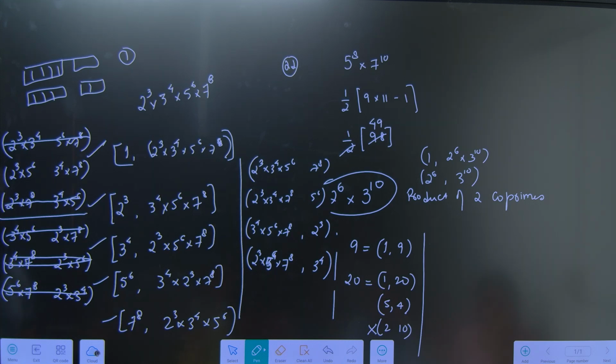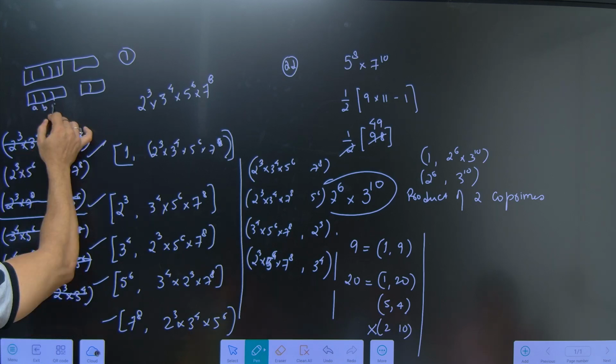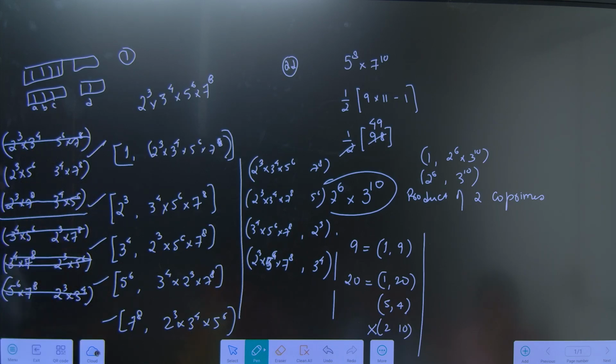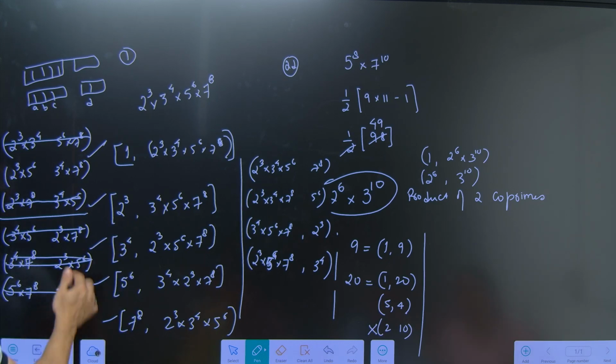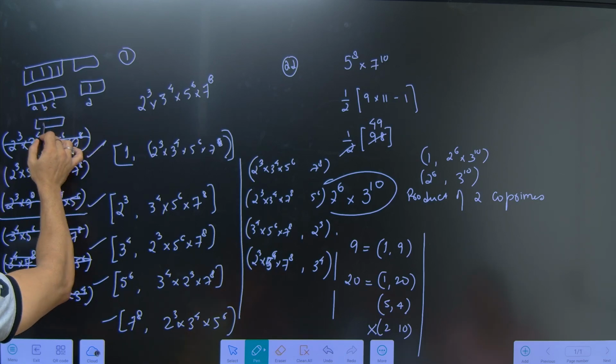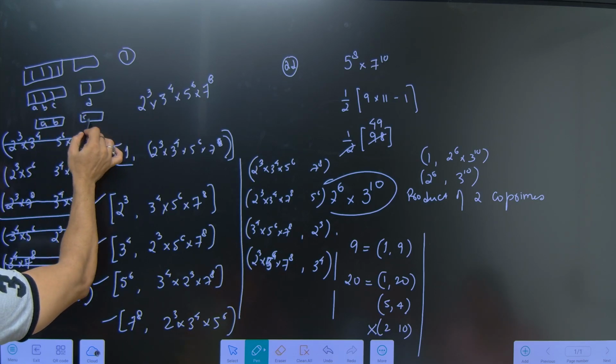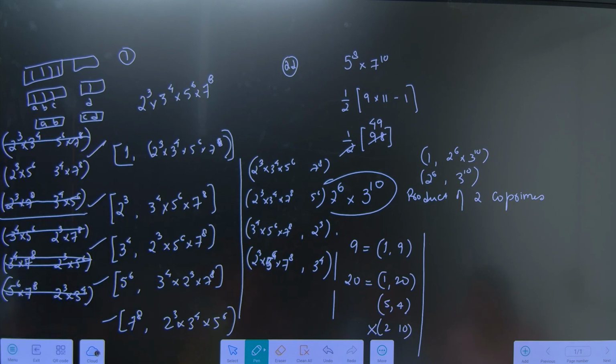Here 4 will be made, right? Like this A, B, C and then D. Here 4 cases. 1, 2, 3, 4. And you have AB and then you have CD. So here the possible combinations will be what?